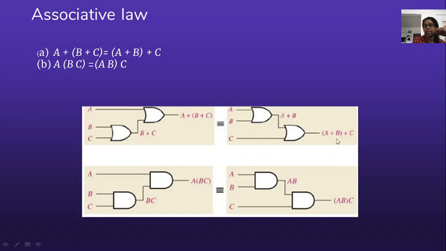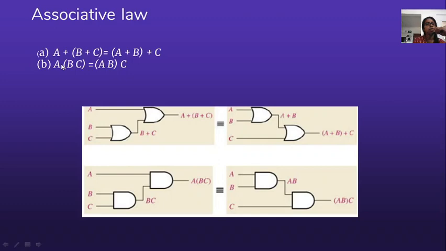Got the point? Similarly, the associative law for the AND operation is A and B and C. Here you are not seeing the dot. We already discussed that for the logical AND operation we use a dot. If you are not putting the dot, it's not a big problem, but you should understand that it is there.